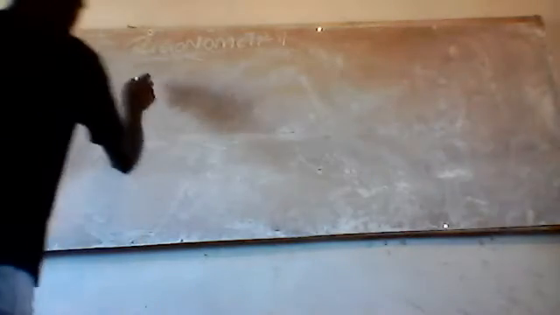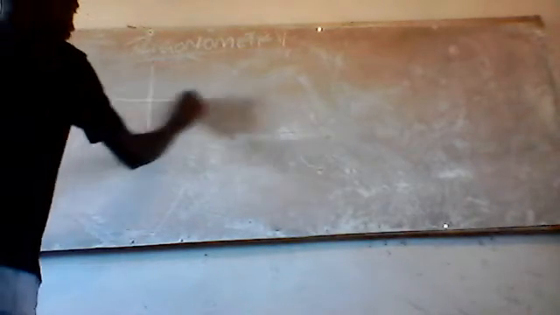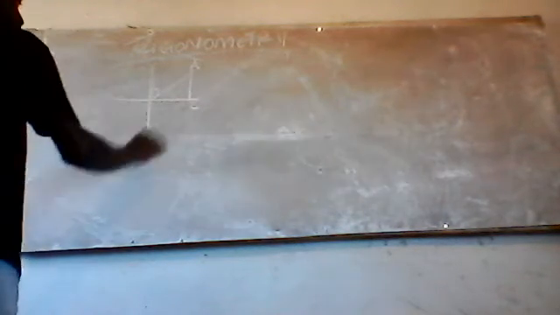So let's look at a triangle plotted on a Cartesian plane. Say for instance, I'm having a Cartesian plane there, and I'm having triangle OAC, and I'm given that that angle is actually equal to 90 degrees.